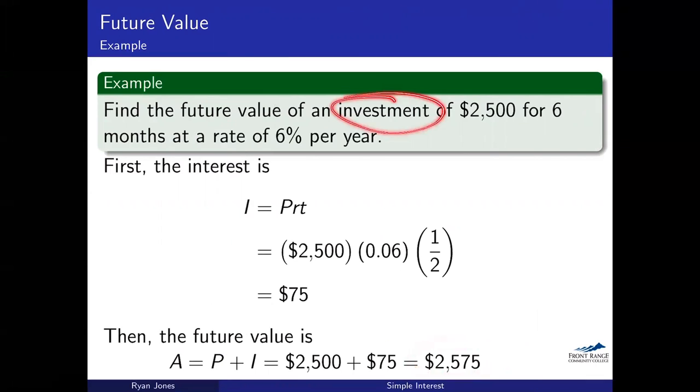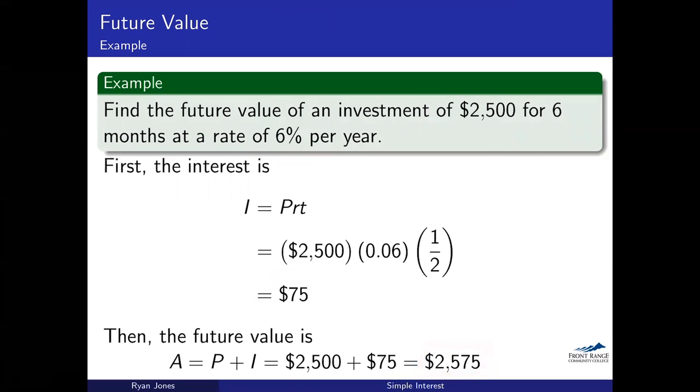And obviously we were talking about an investment, but let's presume this was a loan. You borrow $2,500 and they say, great, thanks for borrowing $2,500. But because of that, you took 6 months to pay us back. We're going to add some interest, and that interest is $75. Right there. So then they say, hey, you got to pay all of this back.